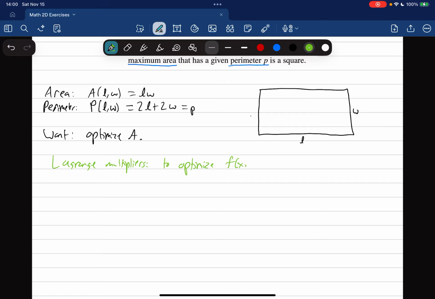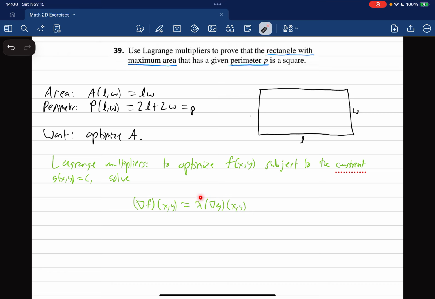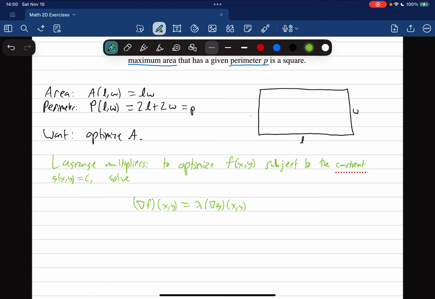To optimize, say, a function f of x, y subject to the constraint g of x, y equals some constant c, what we need to do is solve the system of equations given here. We're going to take the gradients of f and g, and set them equal to each other with this Lagrange multiplier, as it's called, lambda, scaling the constraint by that parameter. And then the other equation in our system will just be the constraint, so this is g of x, y equals c.